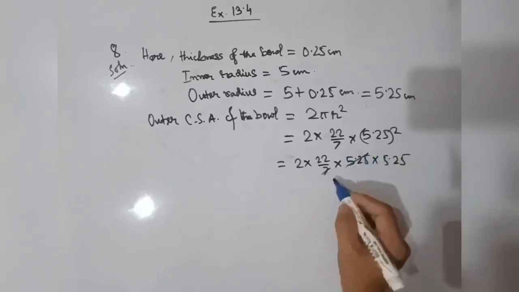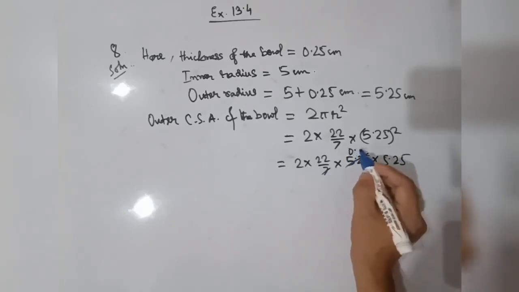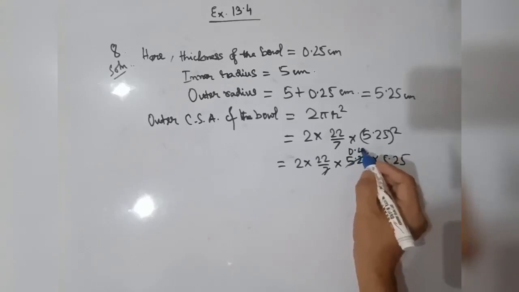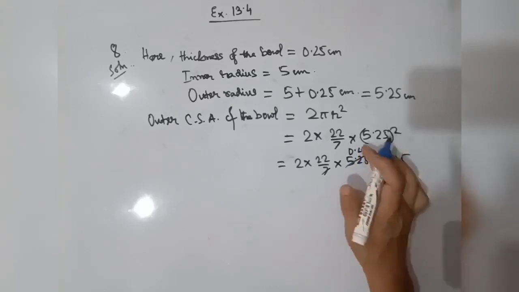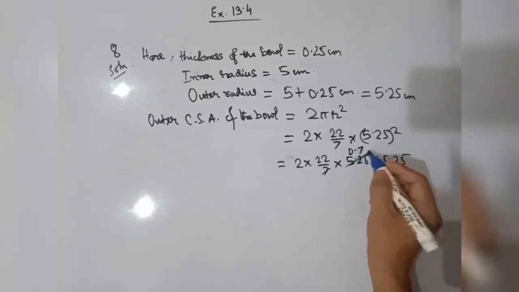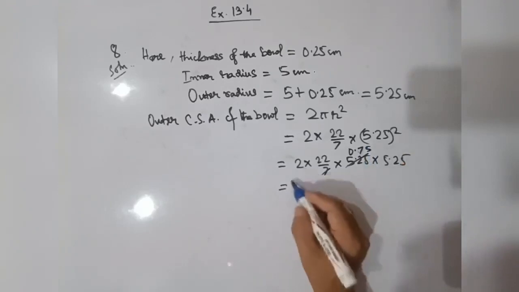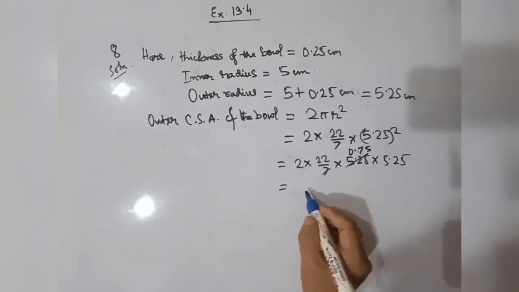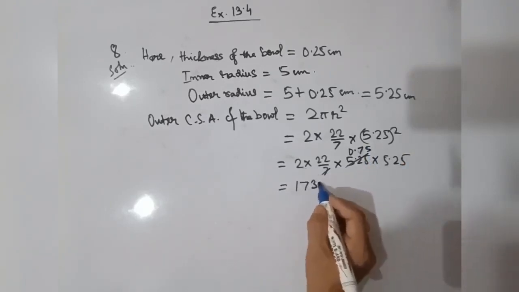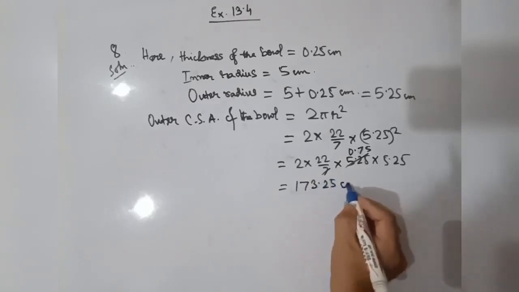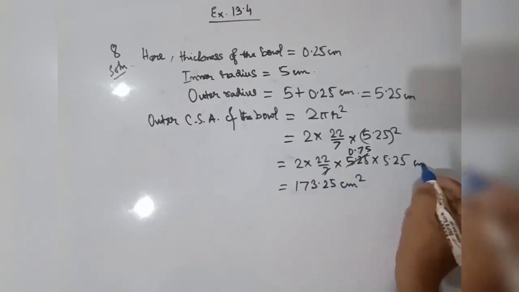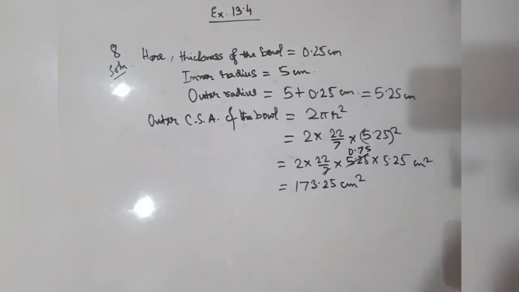So 5.25 divided by 7 will be 0.75. Multiplying all this, we will get 173.25 centimeter square. So the outer curved surface area of the ball will be 173.25 centimeter square.